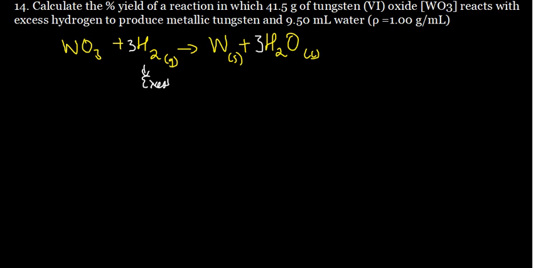So from what you've been given, we have 41.5 grams tungsten oxide. So the mass given is 41.5 grams, which is reacted. Now we've been given that the water which is formed is 9.50 milliliters. So the water which has been produced is 9.50 mL, and this is the actual yield.